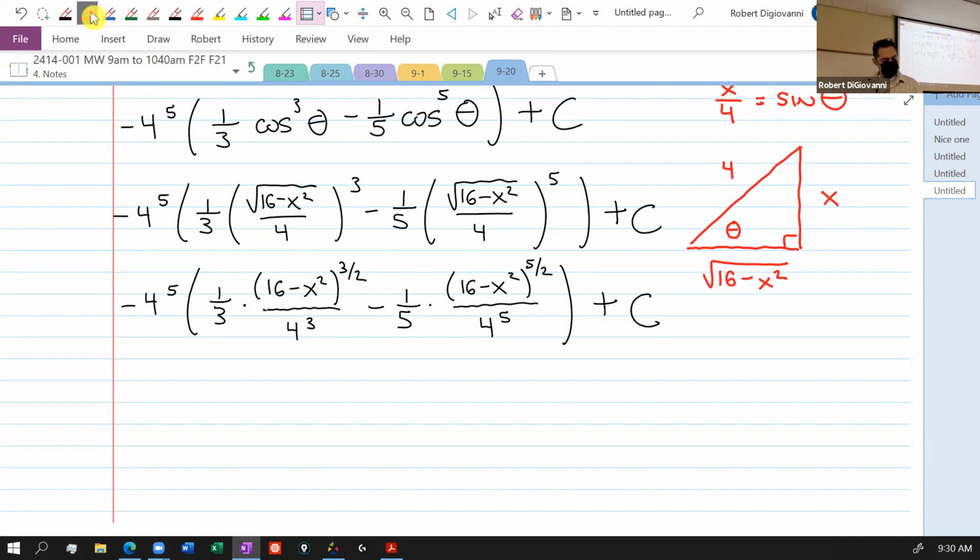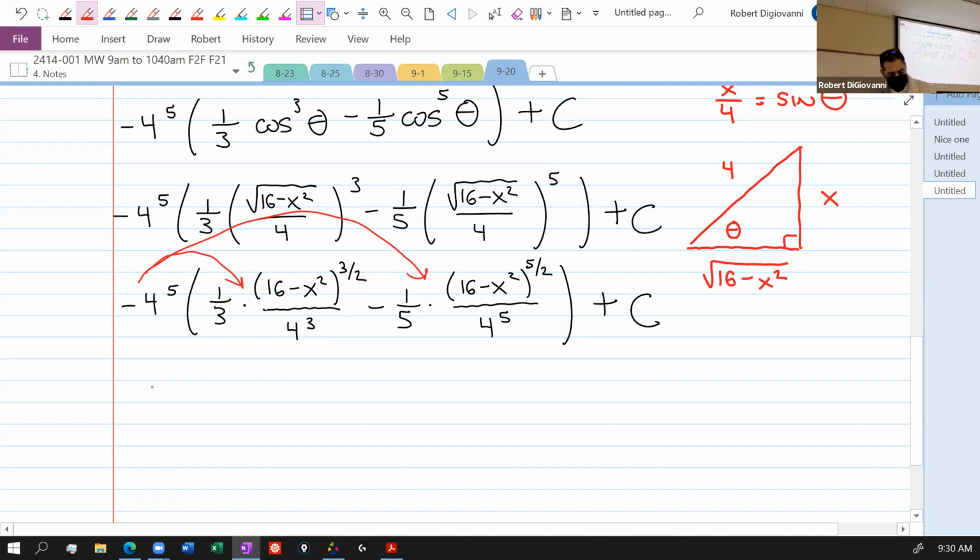Now I'm going to distribute this negative 4 to the 5th through here and here. Do you see how when I do that, this 4 to the 5th and this 4 cubed are going to kind of reduce out a little bit? I'm going to be left with the 4 squared on top. Do y'all see that on this first one? And 4 squared is 16.